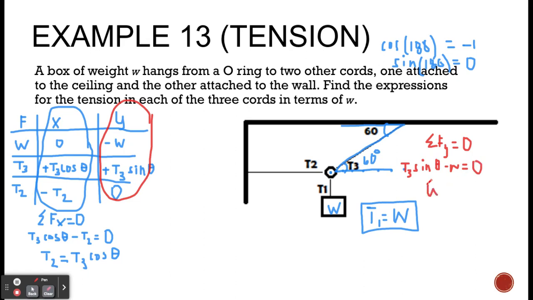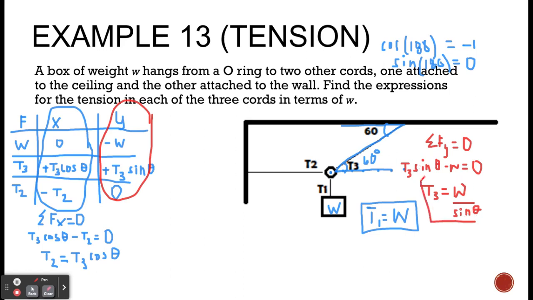So when we solve for T3, we add a W to the other side, we divide it by the sine of theta to get T3 by itself. T3 is going to be W over the sine of theta. Theta is a constant.